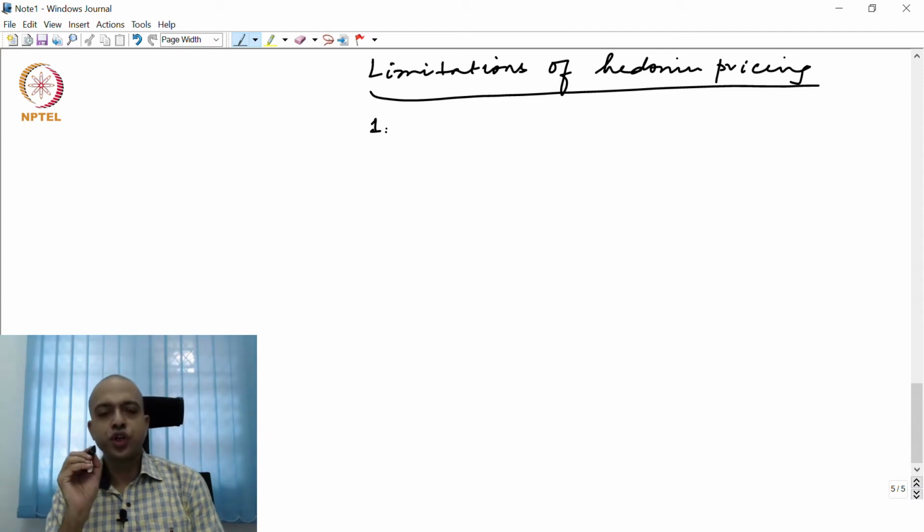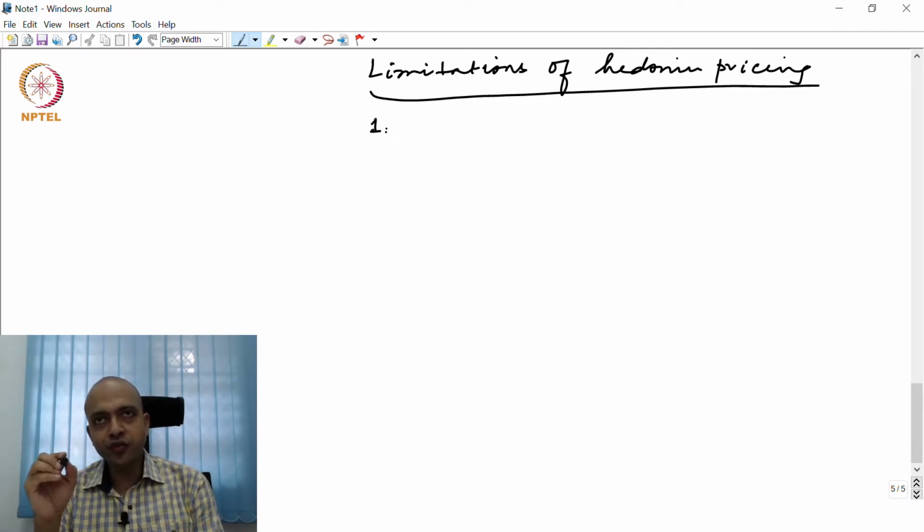First and foremost, in hedonic pricing, we are trying to capture the value of better environment through a price premium for the house.